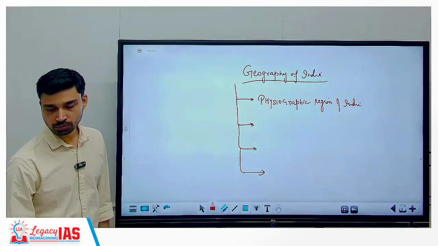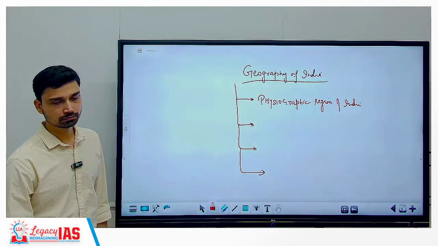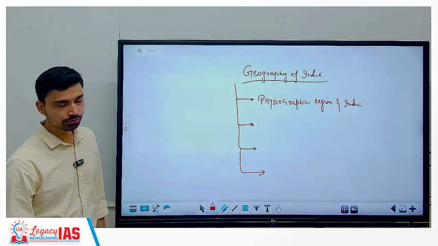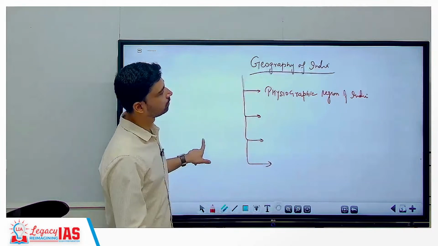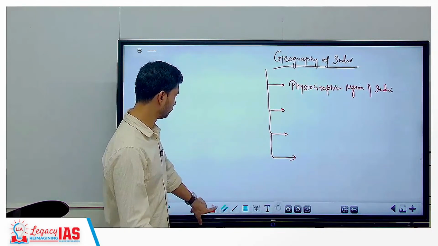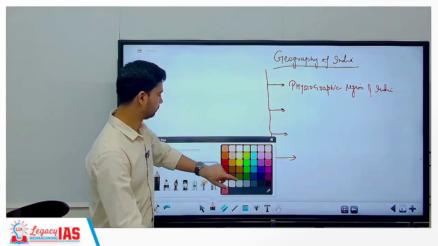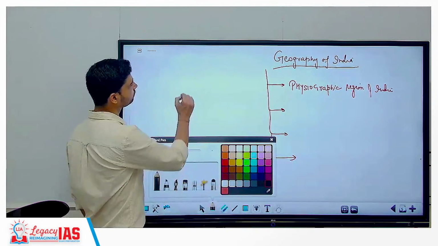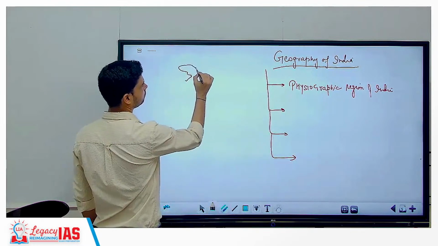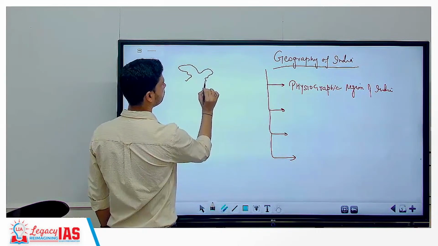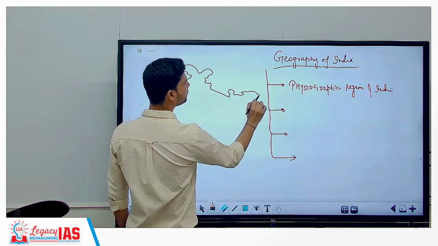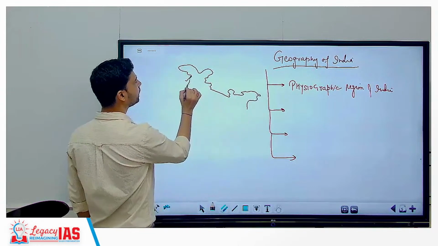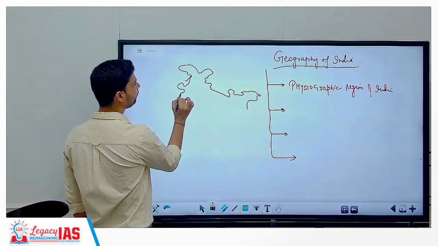The physiographic region of India. Physiographic region means the entire India we can divide into different features.